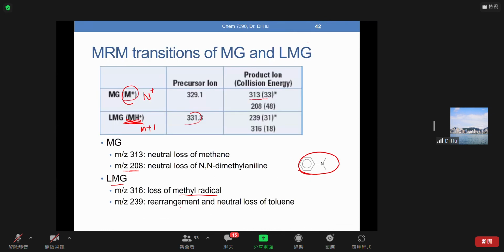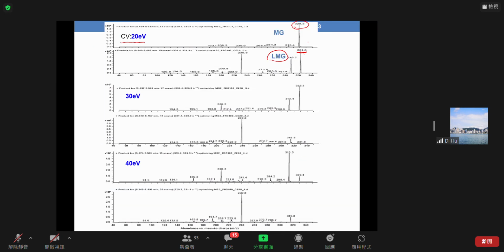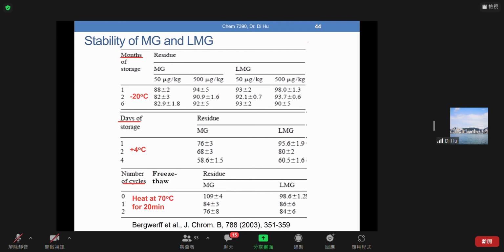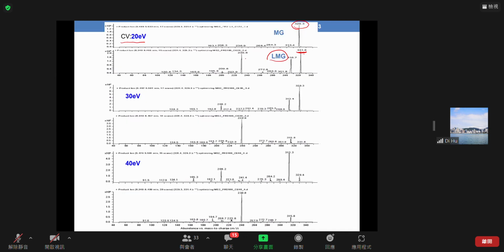For product ions, you can see some, but not so abundant. The most abundant is this one. That means the collision voltage is too low, not enough. So increase the tandem MS to 30 eV. And now you can see for methyl green, it starts to have fragments.